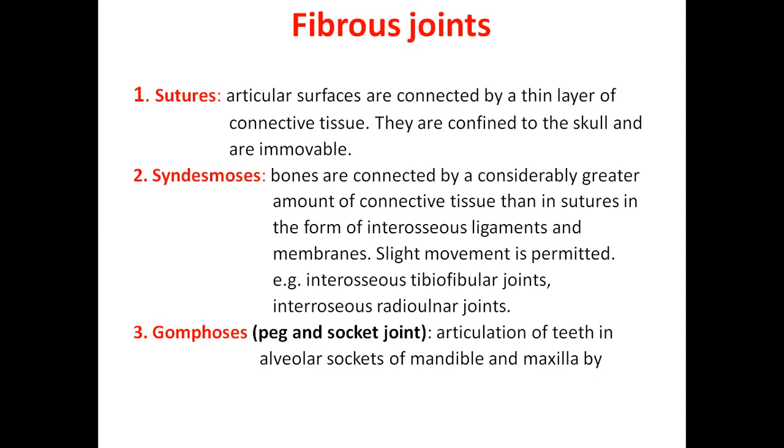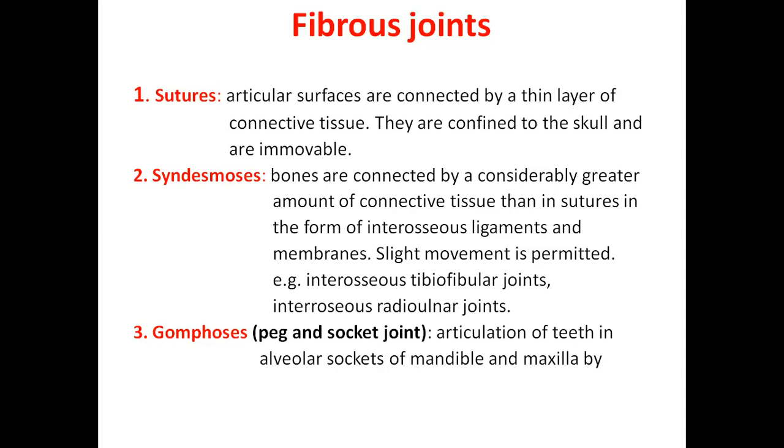Though these suture joints allow slight movement in case of the fetus, which makes easy delivery. Similarly, these show a little bit of movement for the developing bone in the skull in the early age of infancy.